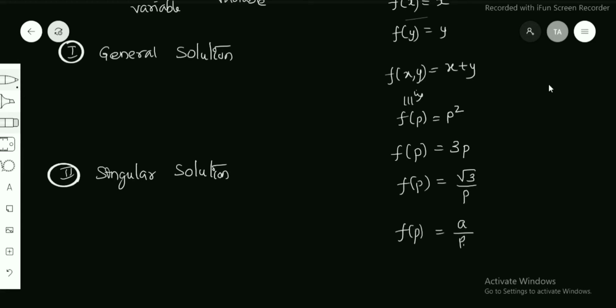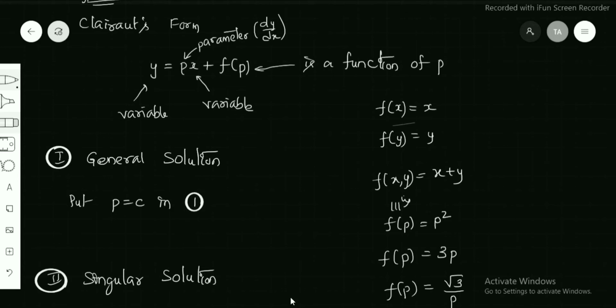To find out general solution, very easy step, you just have to put p is equal to c in the equation number 1. Now which will be our equation number 1? The equation which is in the Clairaut form.